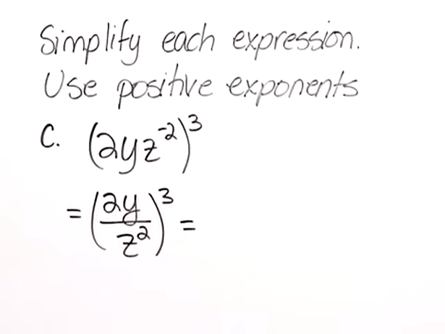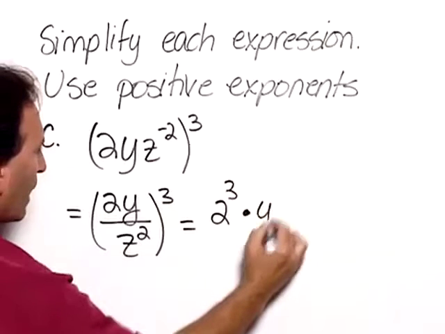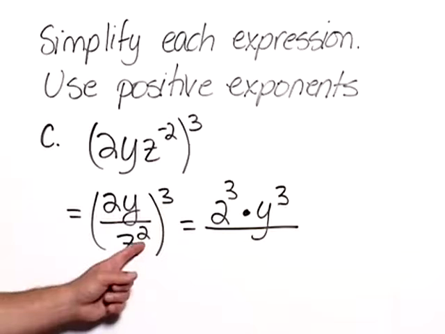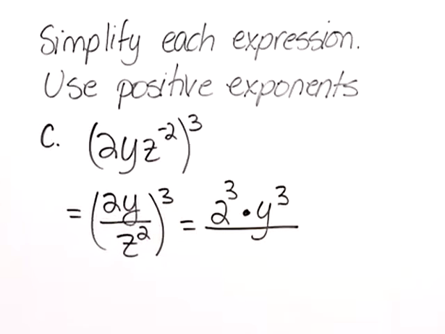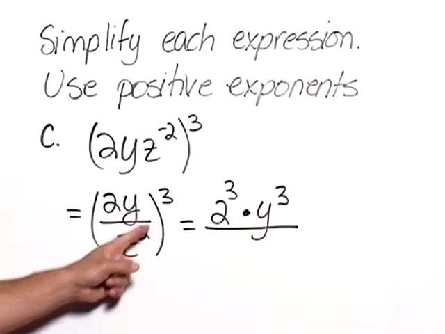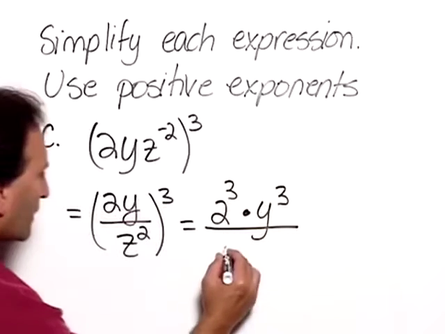So this becomes 2 cubed times y cubed over, well now z squared cubed. Recall that the rule when you're taking an exponential expression and raising it to a power is that you multiply together the powers.